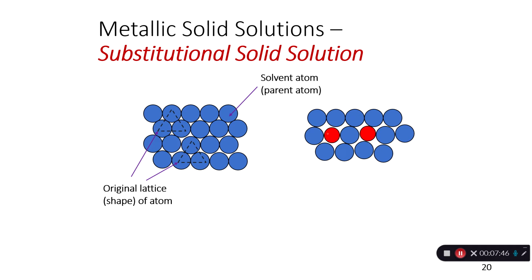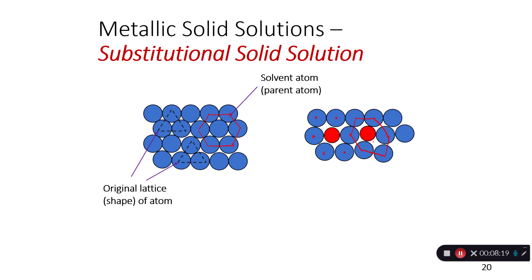Okay, so when it's smaller, you can see that the 6 atoms around it are no longer in a nice hexagon shape, whereas here it's a nice hexagon shape because they are the same size. But here, no, it is slightly distorted. You can even see that around the other solute atom.